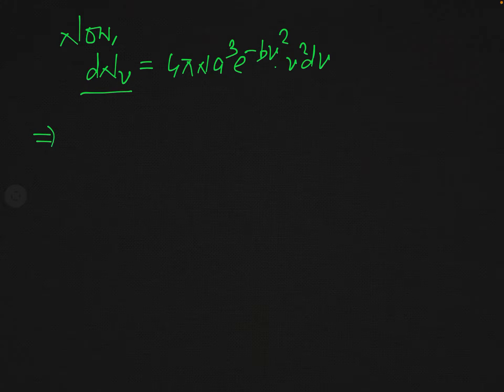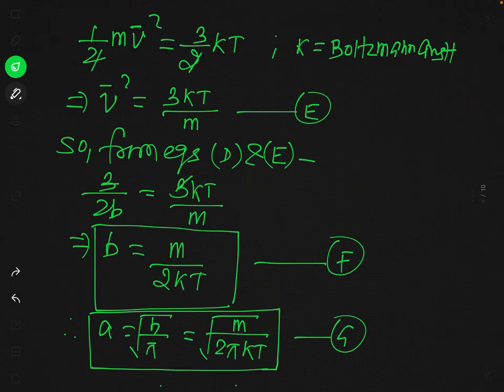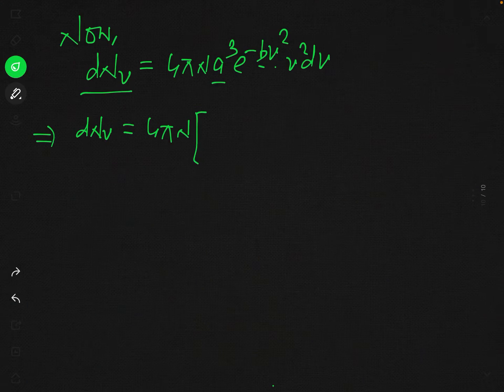So now let us put the values of these constants a and b in this expression. So you can see this dn_v is equal to 4 pi n a cube, and you have seen that this a is equal to square root of m over 2 pi kT.